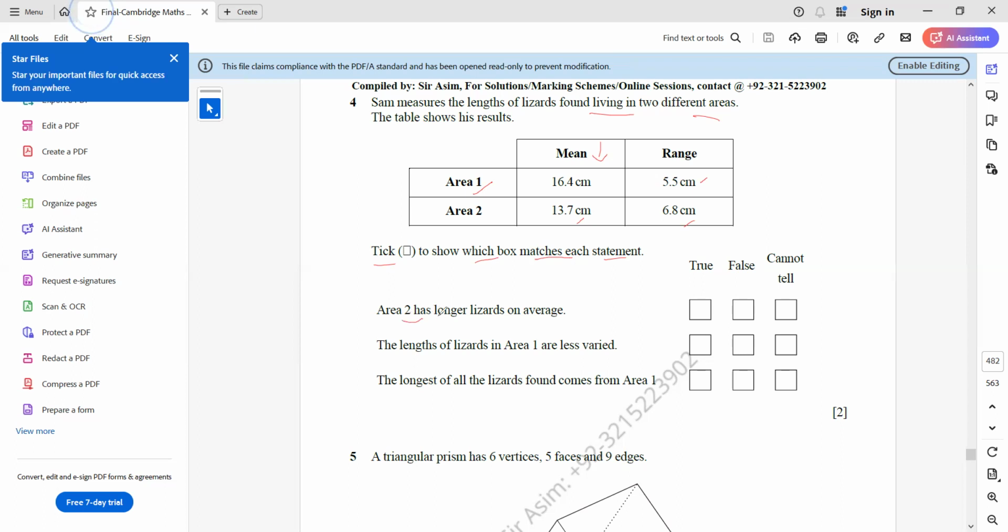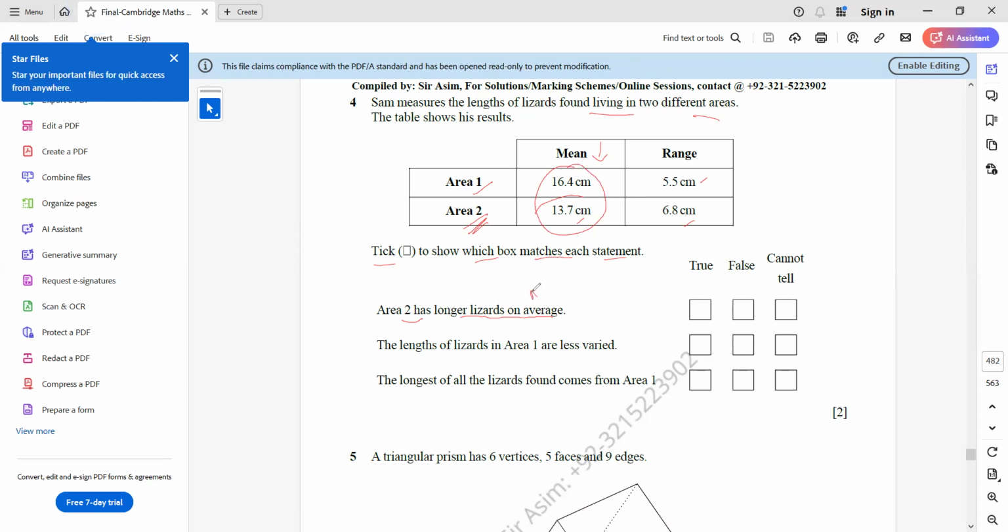Area 2 has longer lizards on average. So we need to compare for area 2, longer lizards on average. For area 2, we need to see this quantity and this quantity.